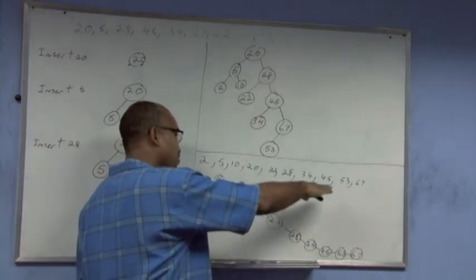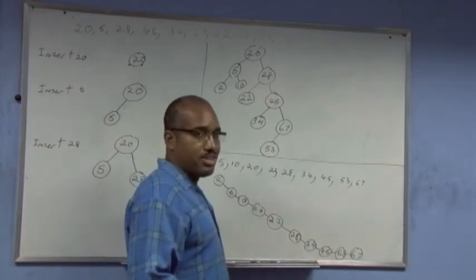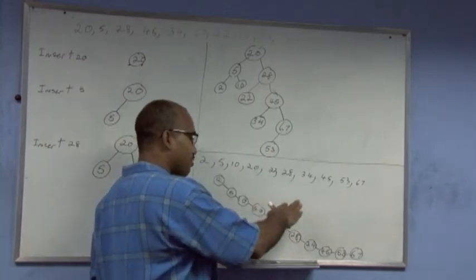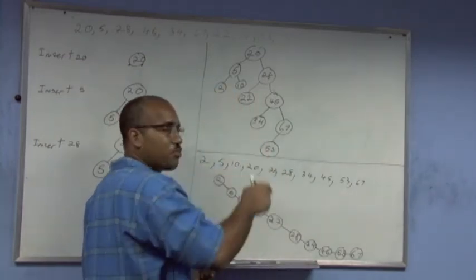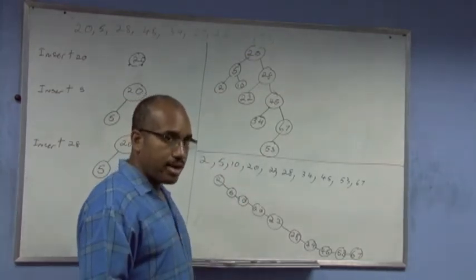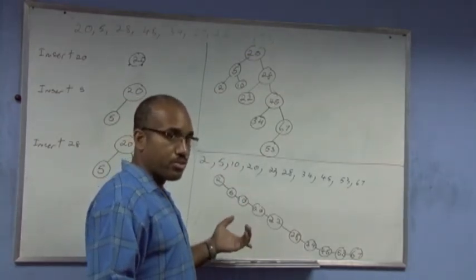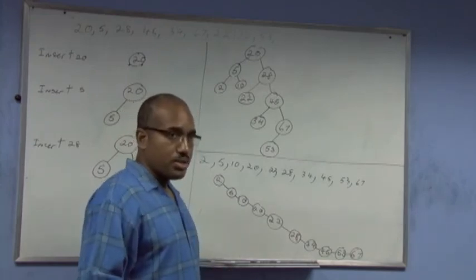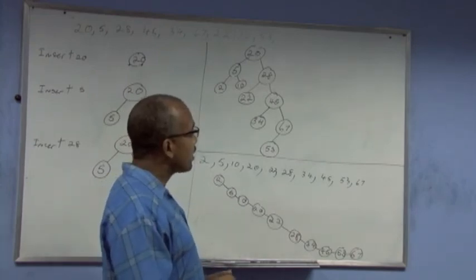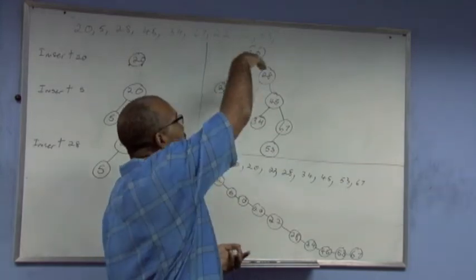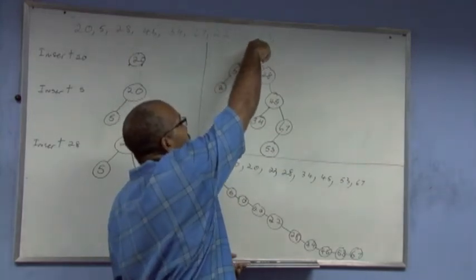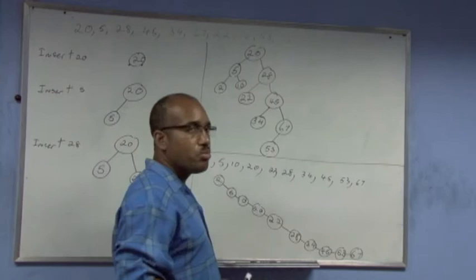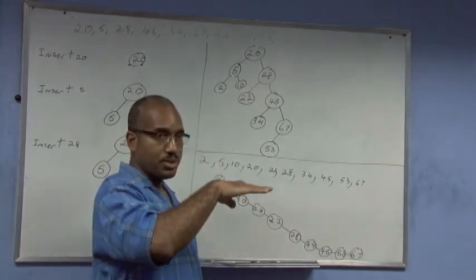And this is really an extreme case. It's what you call a pathological case, where the tree just behaves badly. If it behaves well, we want to get something like a log n performance for the search. Because if you have n nodes in the tree, the number of times that you'd have to search from the root down to the leaves will be proportional to the height of the tree.